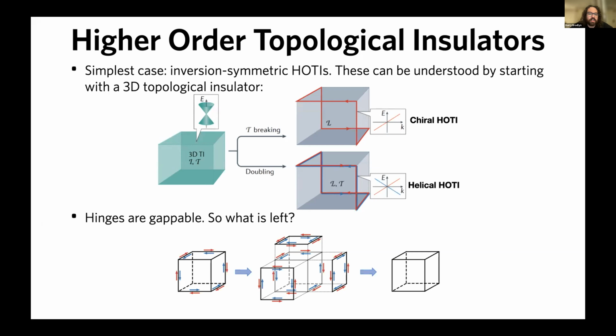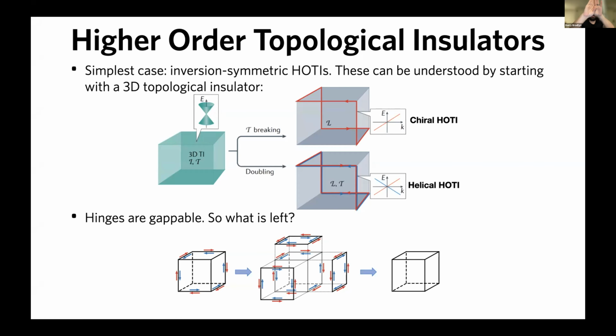So if you look at this cube here, on the bottom panel on the left, I have a cube where the up and down arrows indicate the helical hinge state. So it goes up, back, right, down, towards me, and then to the left. So to gap this, what I can do is glue a 2D TI to the front surface of this cube, the right surface of this cube, and the top surface of this cube.